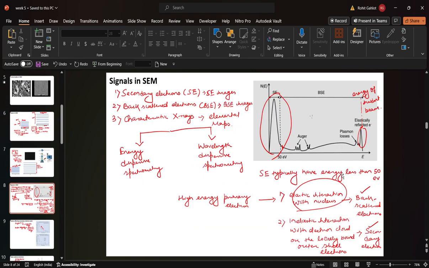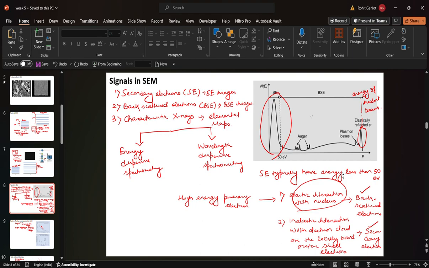I also discussed these signals previously, in the last class also, but I'm focusing more on these because it will help in solving this week's, week 5's, tutorial questions.